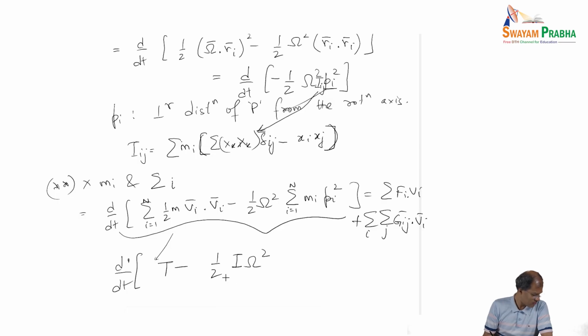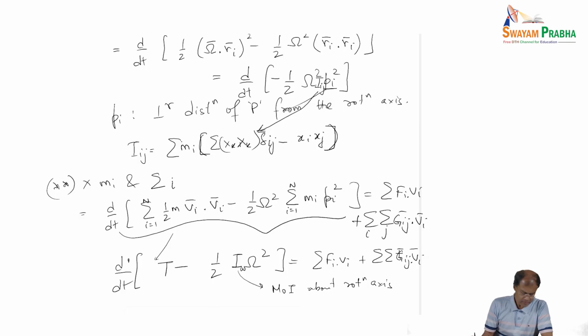Here I omega is the moment of inertia about the rotational axis, and this equals summation fi vi plus summation gij vi.